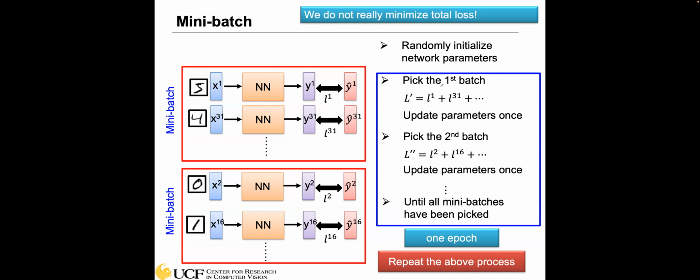Okay, so for the first batch you pick 50 of them, and in the second batch I will pick 50 samples from the remaining samples. The goal is that I eventually want to pick all the samples from the entire training set. So whatever the first batch I already picked, I'm not considering that anymore. I'm going to pick 50 from the rest of the samples. We can do this until all the samples in the entire data set have been exhausted.